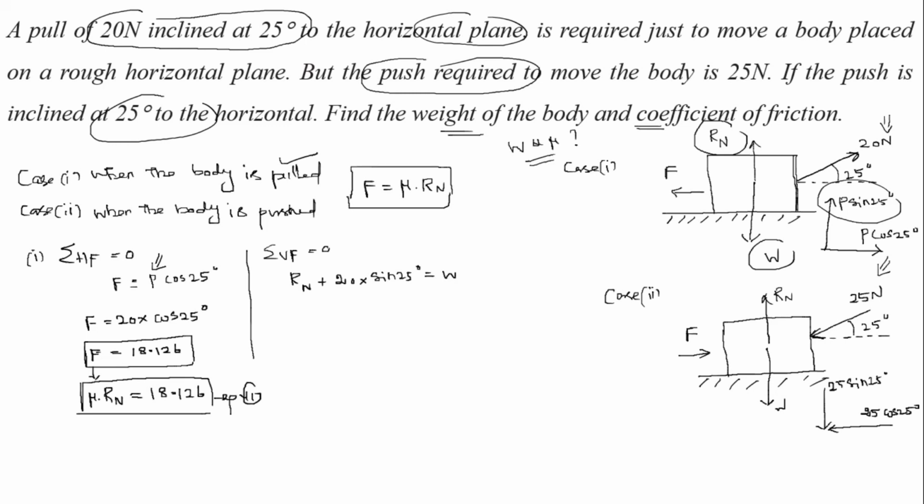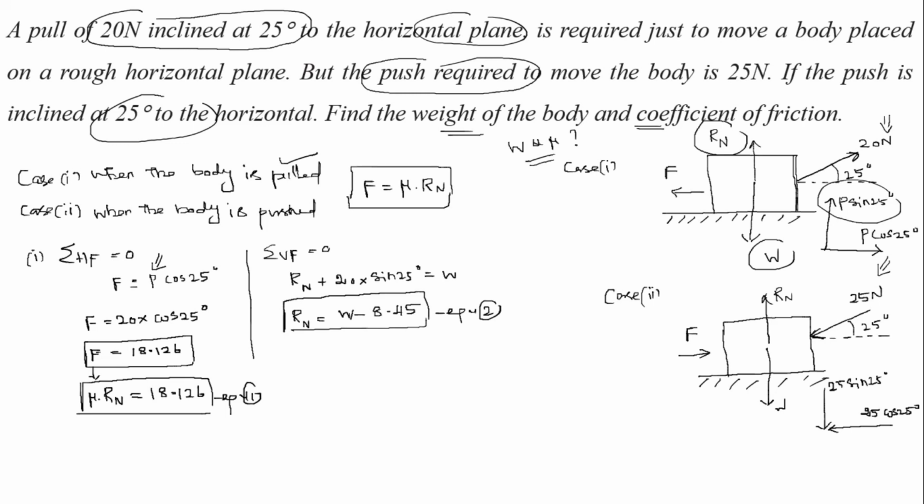So, Rn is equal to W minus 20 into sin 25, which is W minus 8.45. This is equation 2.